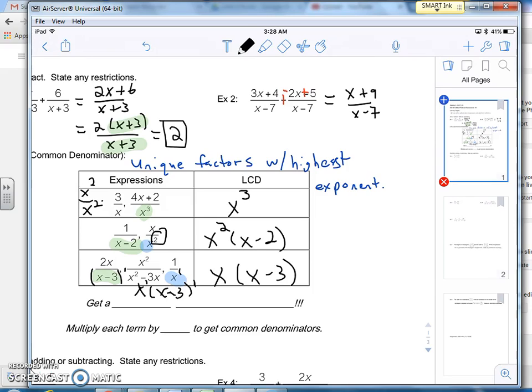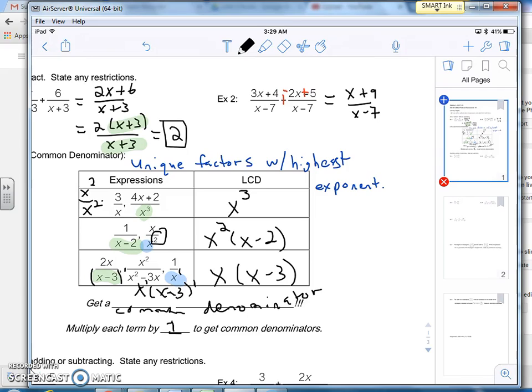So when we want to add or subtract rational expressions, we need to get a common denominator. And then we're going to multiply each term, and I'd like to think about multiplying each term by 1, and again this is kind of weird, but I think it'll make sense as we go through.